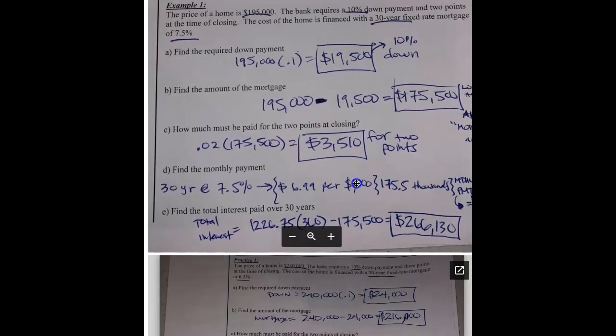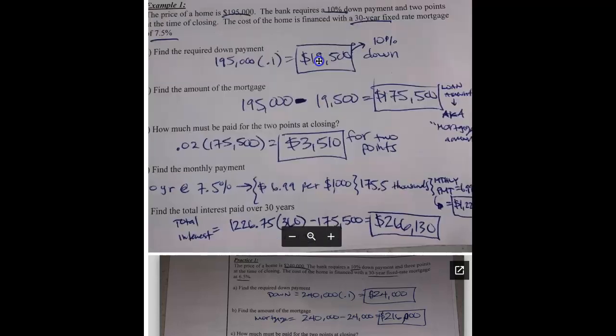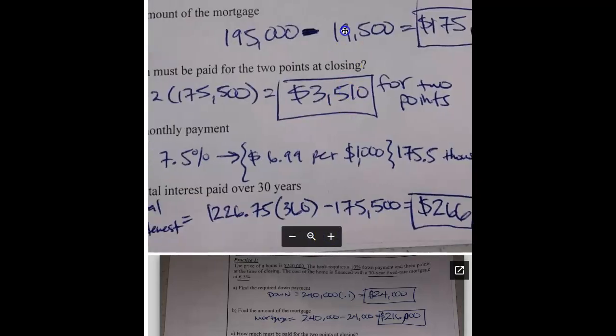And then here the total interest, if you look up here, you can see total interest is the monthly payment times the number of payments minus the loan amount. In our loan, a 30-year loan, 30 years times 12 months in a year, there's going to be 360 payments.